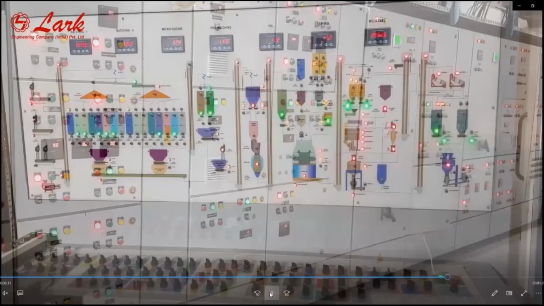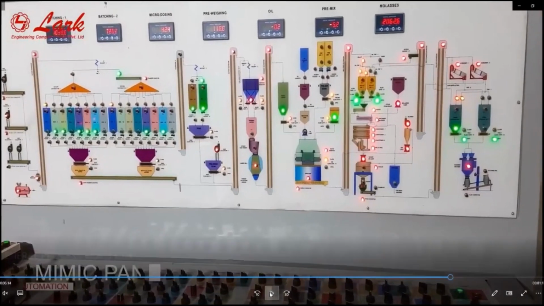Then in PLC, the most important thing we introduced is the MIS reporting system, and the second one is the plant performance analyzer module. In general practice, the feedback we have from the feed millers is that in the day shift, in 10 or 12 hours, they are getting 80 or 90 metric tons of feed.